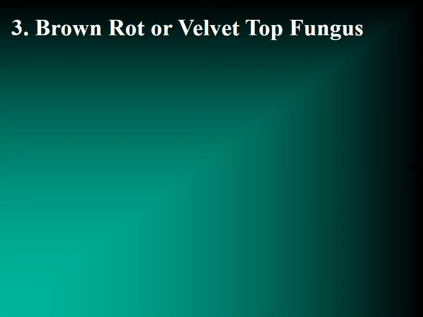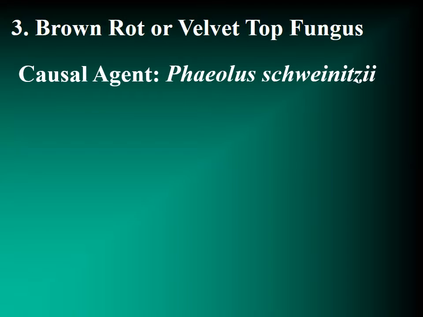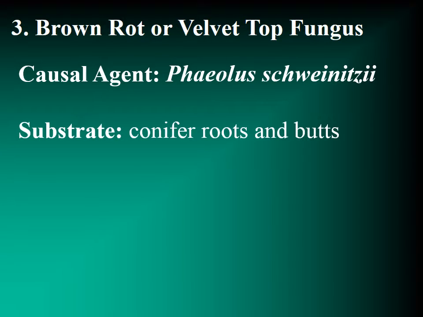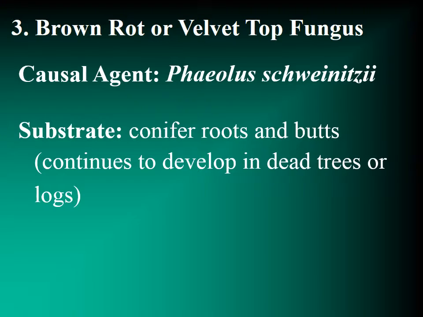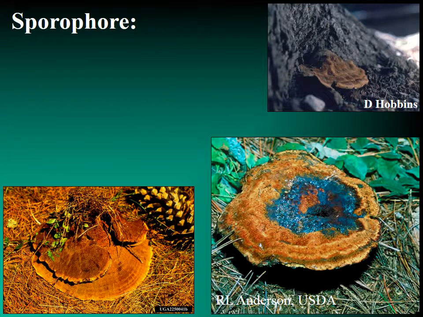The third conifer decayer, again another common one, is the brown rot, or velvet top fungus, Phaeolus schweinitzii. You see this on all conifers, and it is a root and butt rotter. It will continue to develop if the tree dies and on fallen logs.